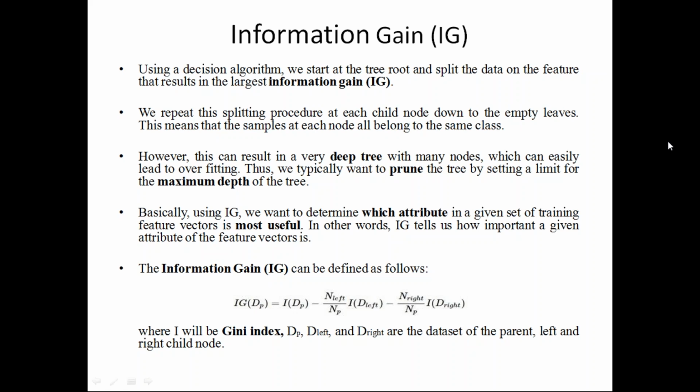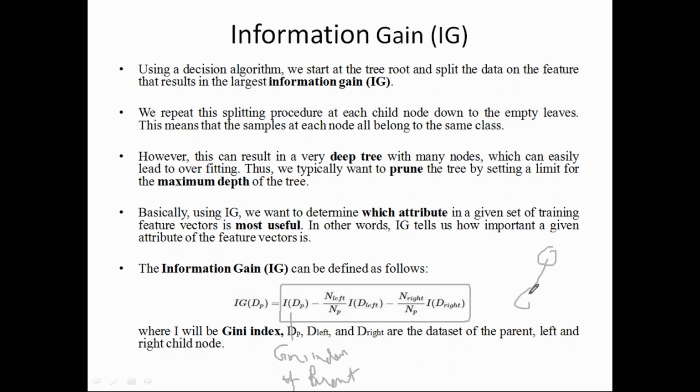The formula for information gain is this. Just don't be confused by these terminologies, they are very easy. This is basically nothing but the Gini index of the parent node.